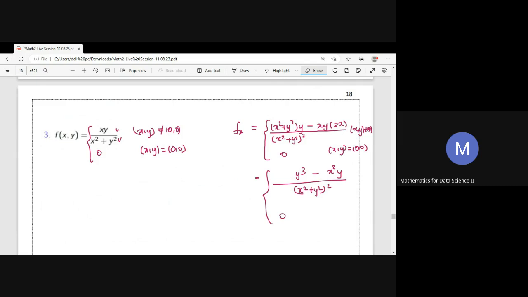In the same way, what is your fy? fy is equal to x cube minus y squared x, exactly, over x squared plus y squared, the whole square, and 0 when xy equals 0, 0. Okay. So what is your gradient vector then?